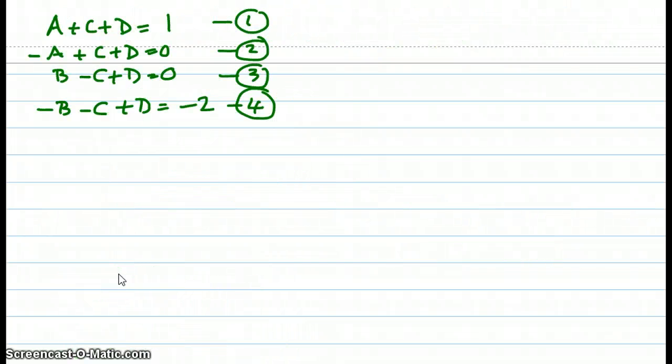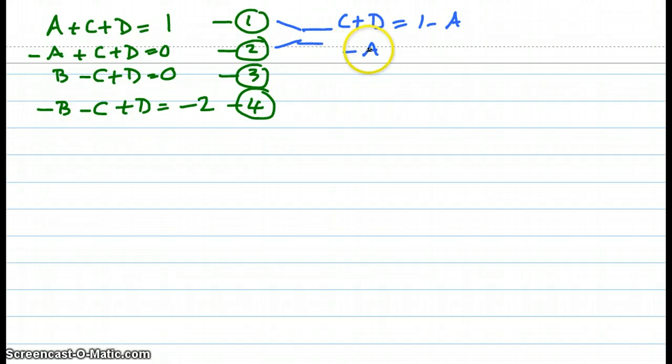Let's look at equations 1 and 2. Okay, these 2 equations. Equation 1 tells you c plus d equals 1 minus a, and if you substitute that in equation 2, you get negative a plus c plus d, which I have here.